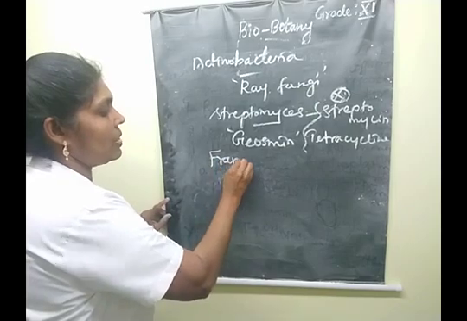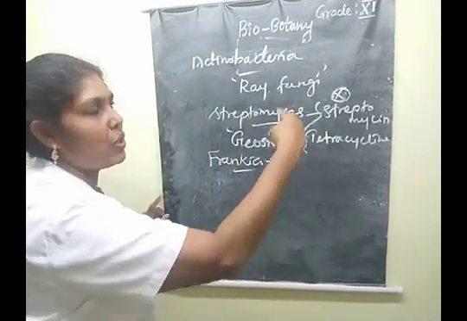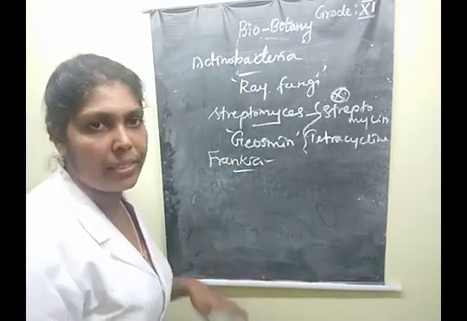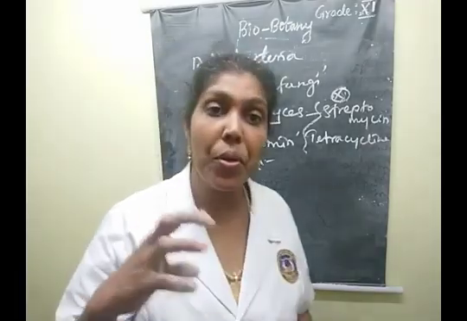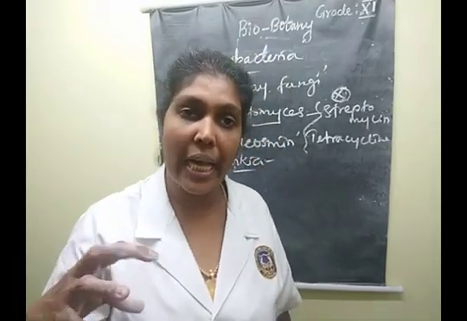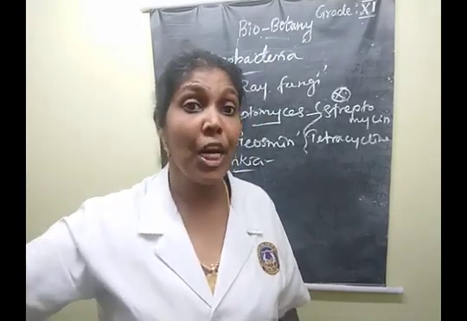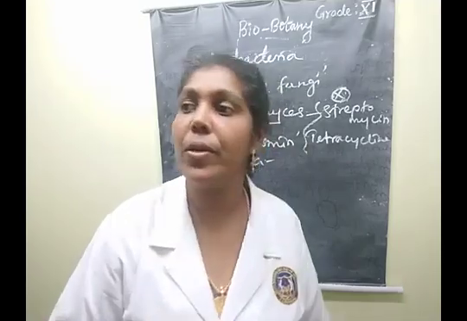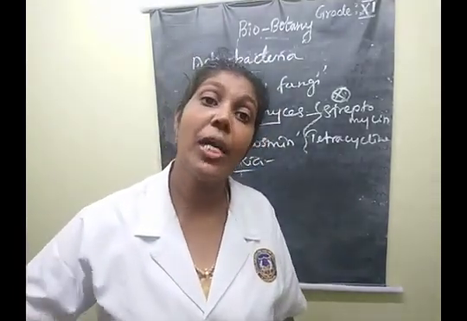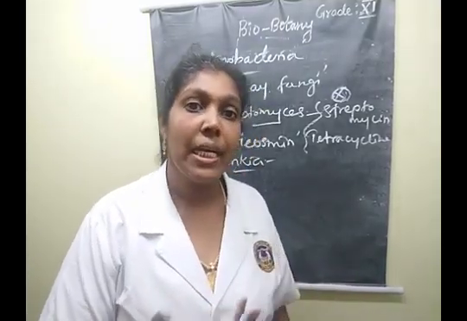The example is Frankia. This is one of the good symbiotic associations of actinobacteria. Frankia produces root nodules and carries out nitrogen fixation in non-leguminous plants, like Alnus and Casuarina.